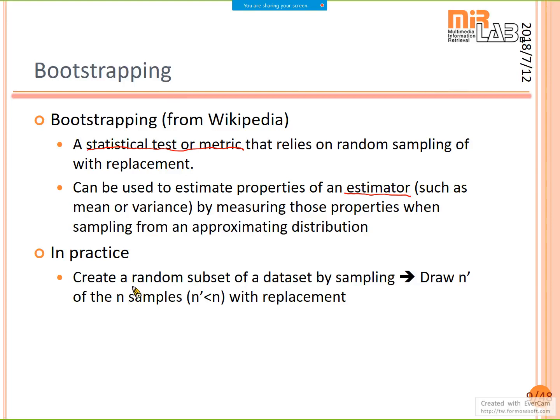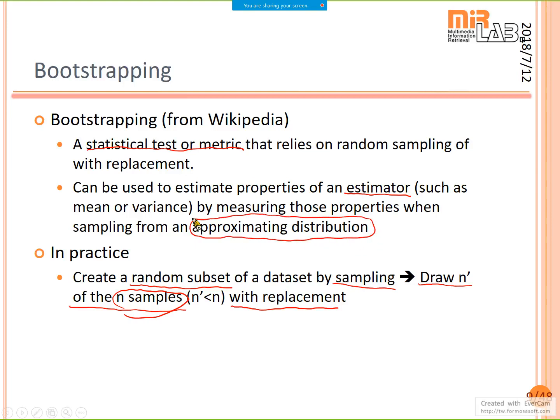We are going to create a random subset of a data set by resampling. For instance, in practice, we are going to draw n prime of the original n samples with replacement. So when we are talking about samples, that means we are drawing the data from the approximating distribution.